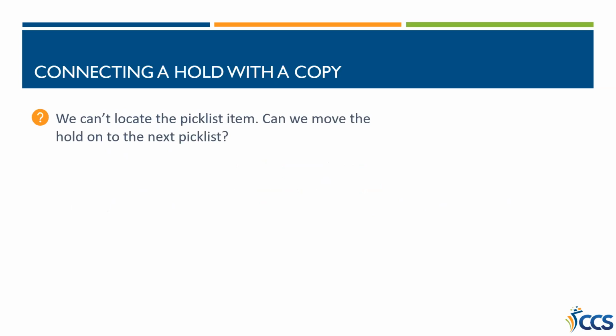Second question, what happens if you can't locate the pick list item, but you don't want the request to sit on your pick list for those few days? Basically, can you move a hold through the RTF cycles more quickly? And the answer is yes. If you are struggling to locate your copy, there are a couple ways to push that request on to another library.